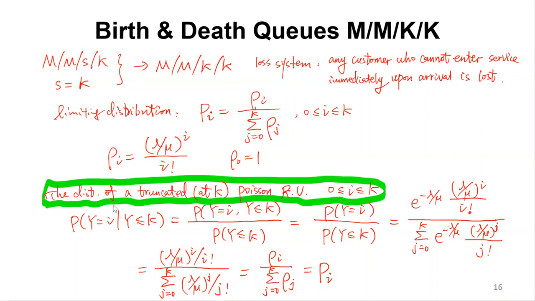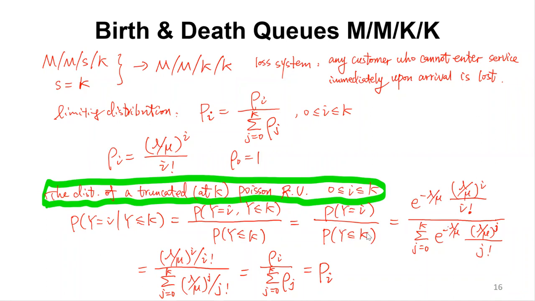If we look, this is actually a truncated Poisson random variable, truncated at K. So the probability of Y equals i, given that Y is less than or equal to K, equals the joint probability of Y equals i and Y less than or equal to K, and this is actually Y equals i, because i is less than K, divided by the probability that Y is less than or equal to K. Because Y is a Poisson random variable, truncated at K, Y equals i is equal to e to the minus lambda over mu times (lambda over mu) to the i divided by i factorial.